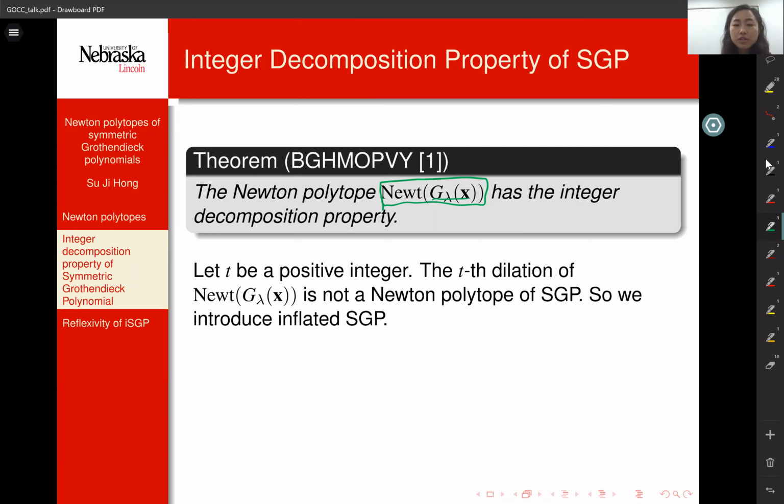So we wanted to claim this, but that wasn't true. But they actually behave very nicely, and then we introduced this new polynomial called inflated SGP to look at the t-th dilation of the Newton polytope of SGP.